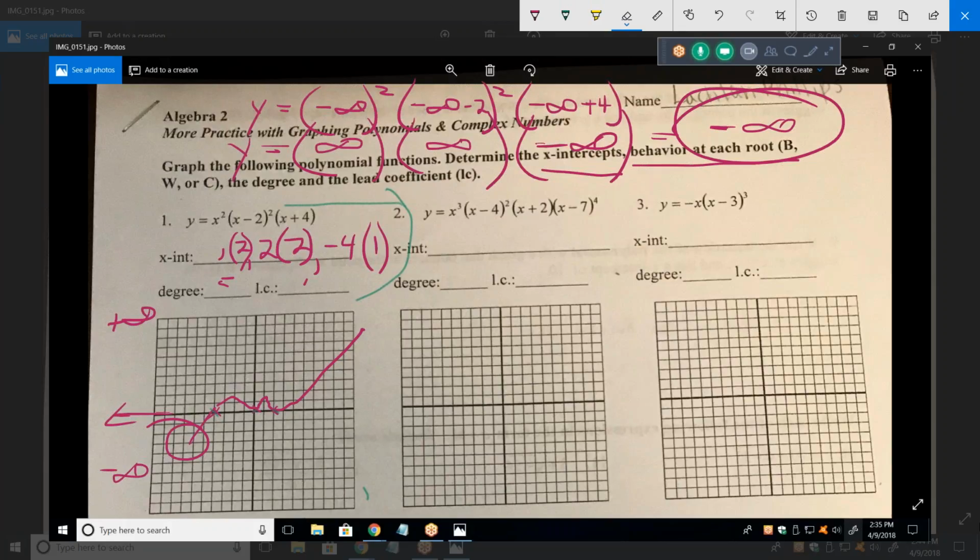Then I wouldn't have had to do two graphs. I would have known that I started from down here and satisfies everything else in my equation. It satisfies the multiplicities, it satisfies the x-intercepts, and it satisfies the end behavior.